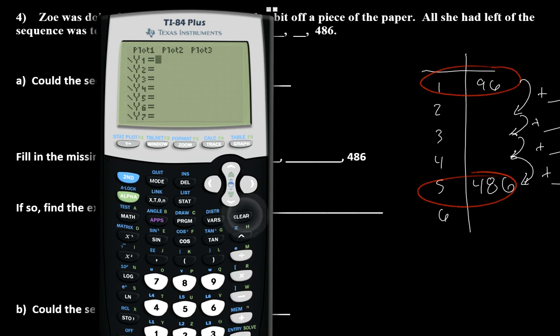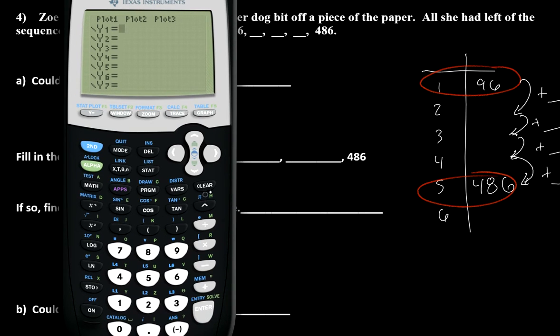What is that number that I need? Let me clear this calculator. So let me take 486, and I just want to subtract from that 96. When I look at that difference, I can see it's 390.